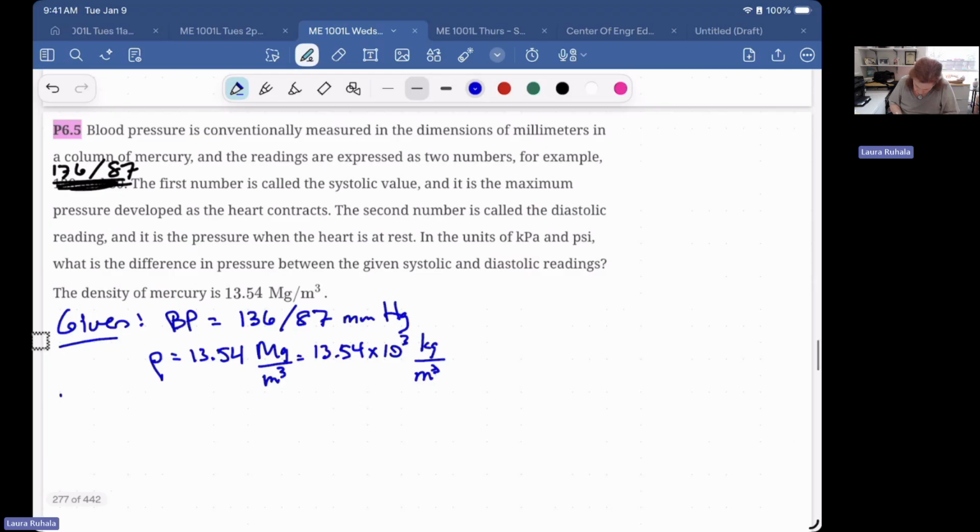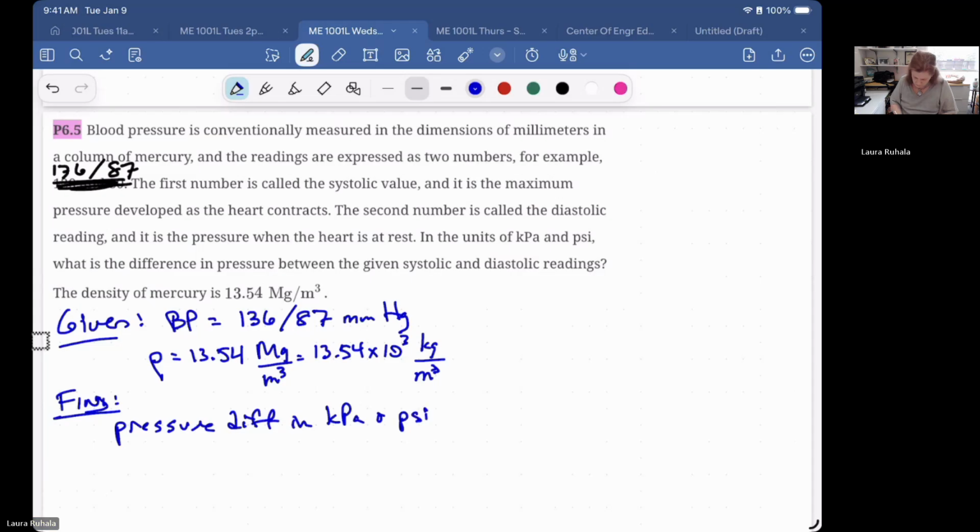Okay, what I need to do is find the pressure difference in kilopascal and PSI. And of course, I'm going to draw a figure.